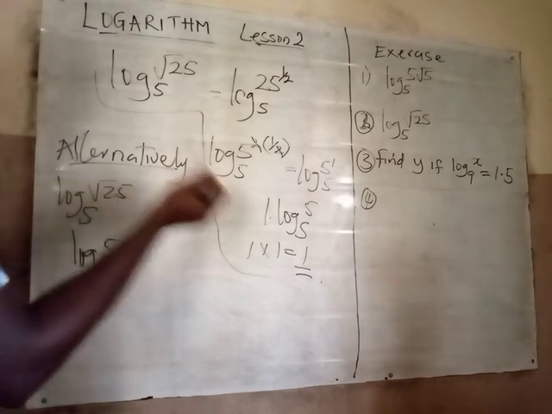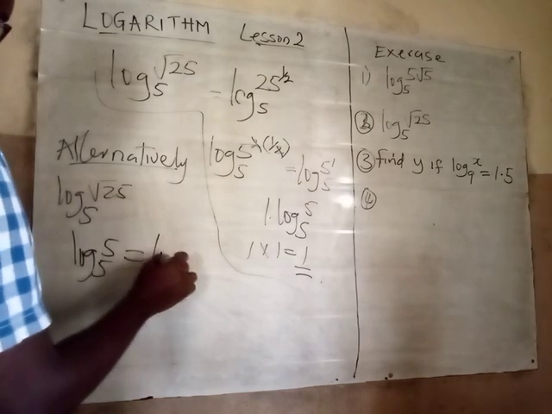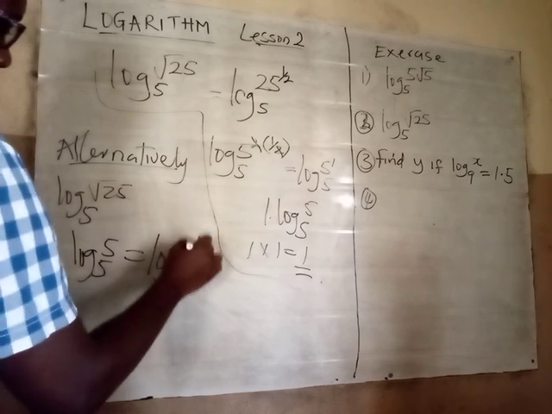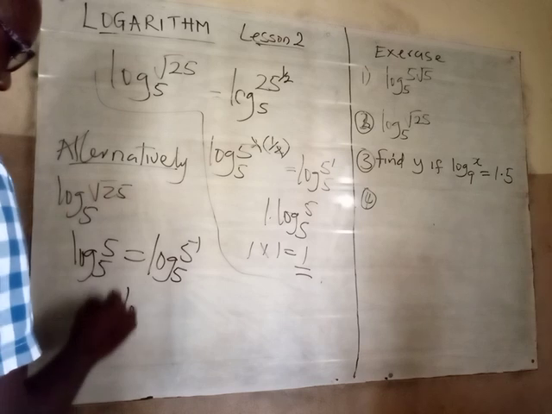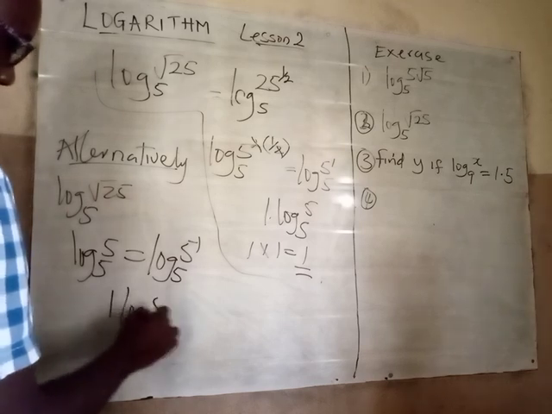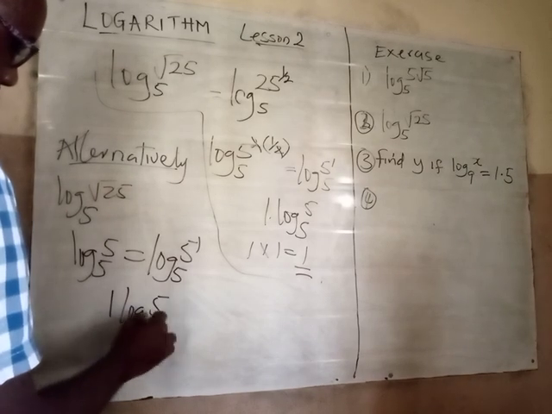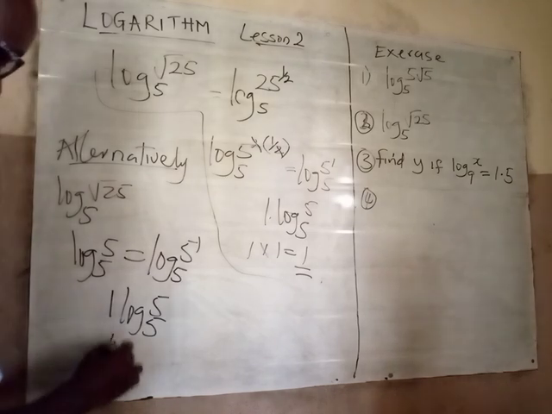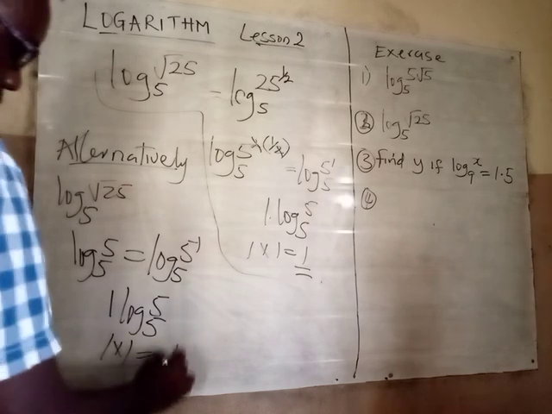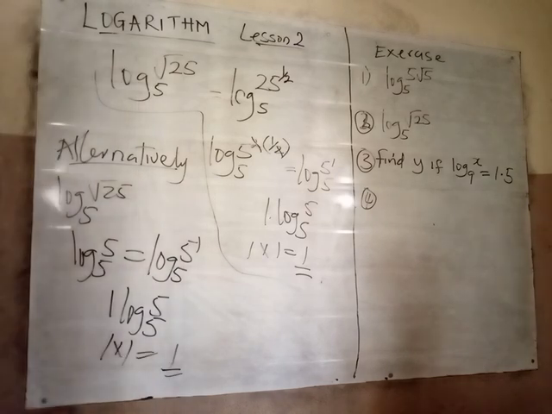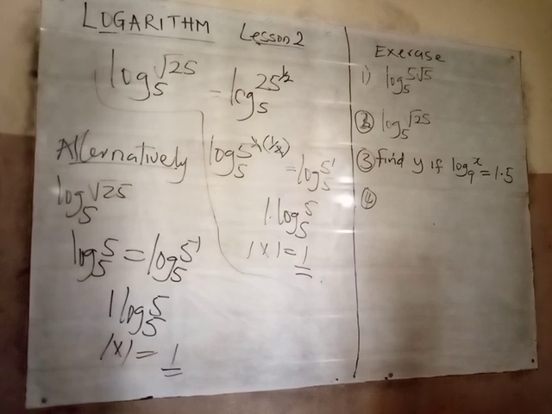And 5 is the same thing as 5 raised to power 1, base 5. So log 1 times log 5 base 5, 1 times 1, gives me 1. So whichever method you use, you will arrive at the same answer.